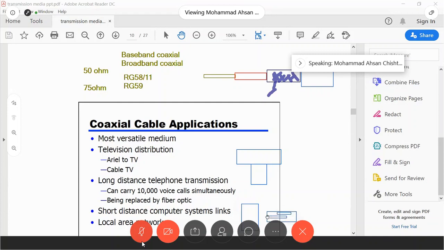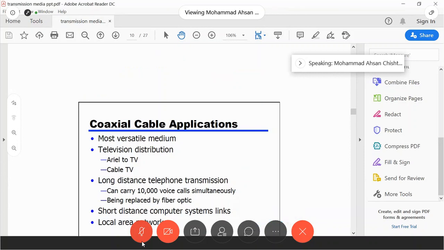Anyhow, these are the BNC connectors that we come across.